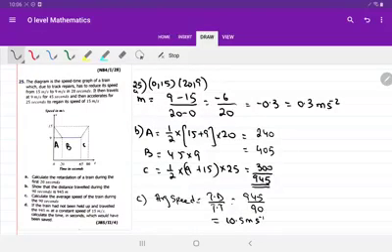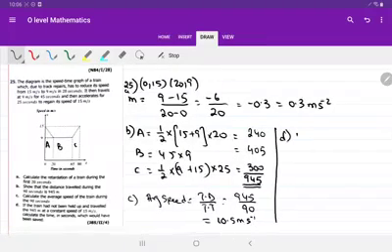Then the question says, if the train had not been held up and travelled the 945 meters at a constant speed of 15 meters per second, how much time would have been saved? So, part D, time is equal to distance upon speed. Distance is 945.